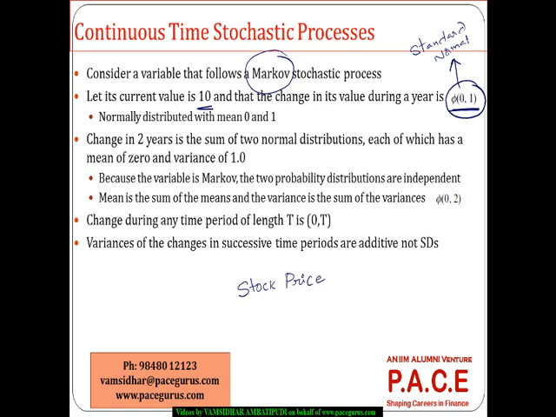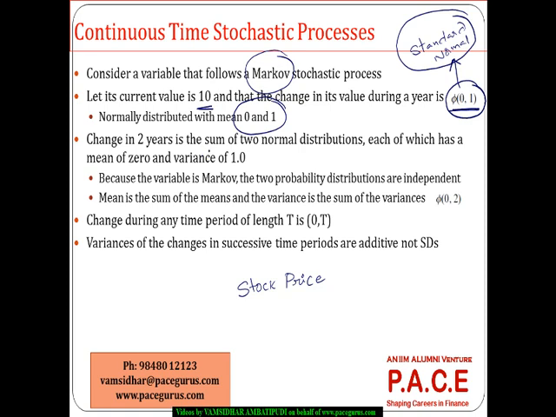I assume that the current value is something and the change during a particular year is following a standard normal distribution, mean 0 and variance 1.